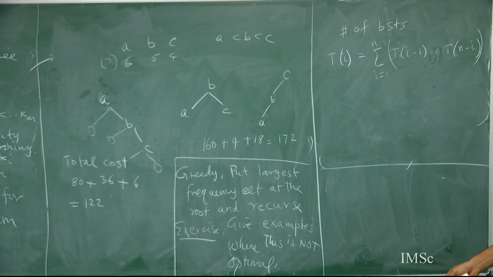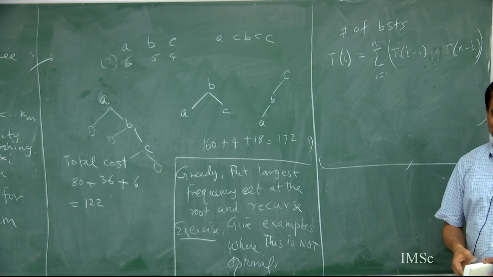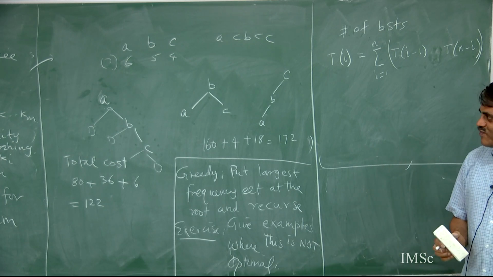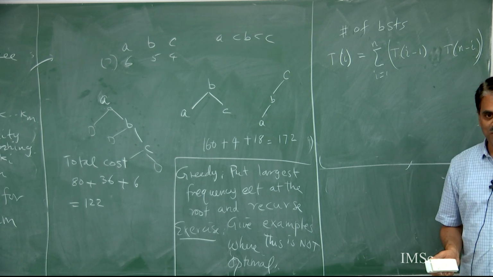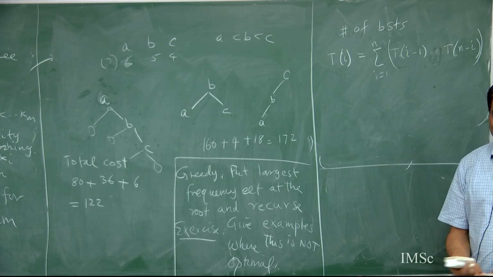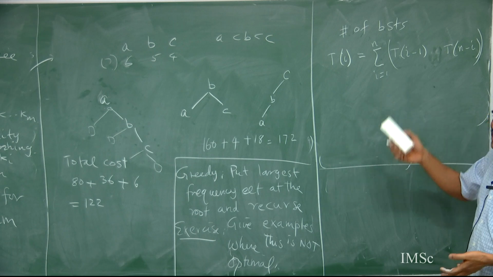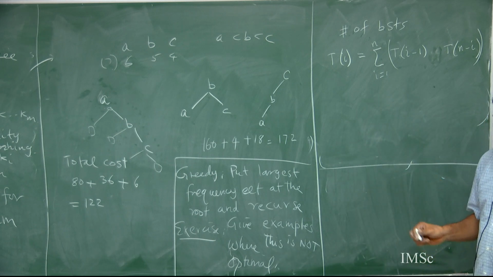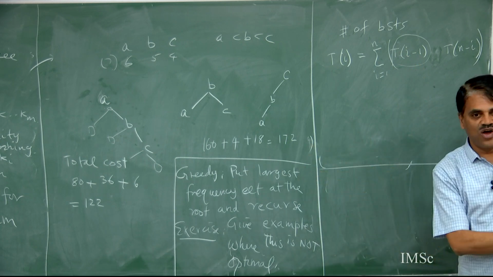You don't want to run through all possible choices, but a very simple dynamic programming works. What is the choice you have to make? Choose a root. Once you choose a root, you don't want to try all possible binary search trees on the left.